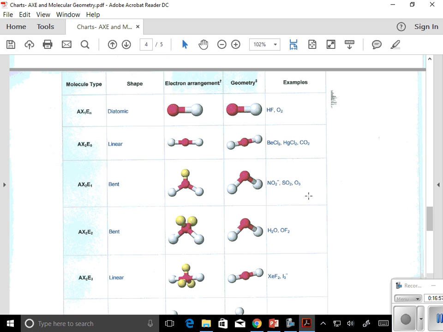So find this page right here where it says molecule type, because right on the very first column it has AXE values, doesn't it? Go down until you find AX4E0. Have you found it? Now we know that we have tetrahedral, don't we?